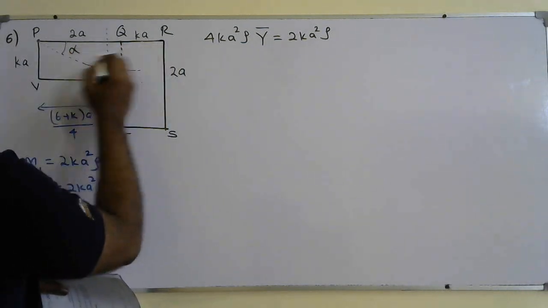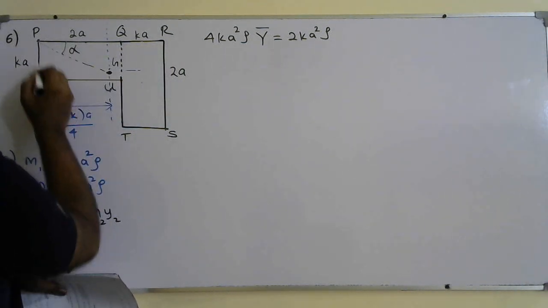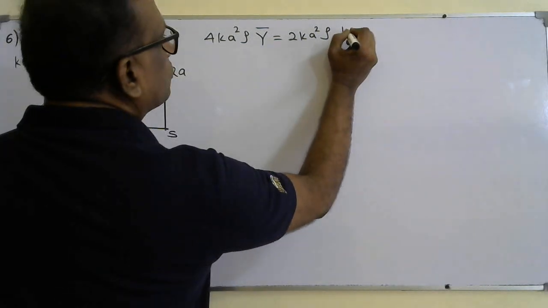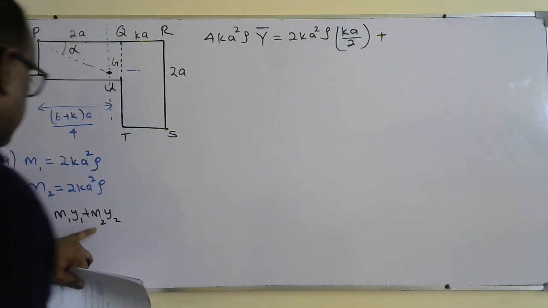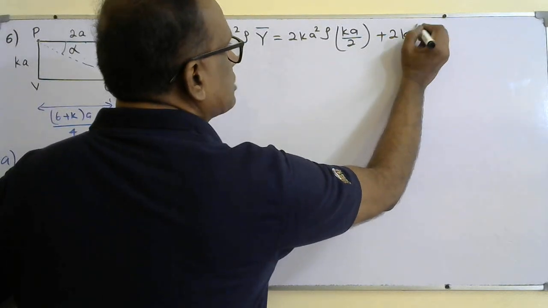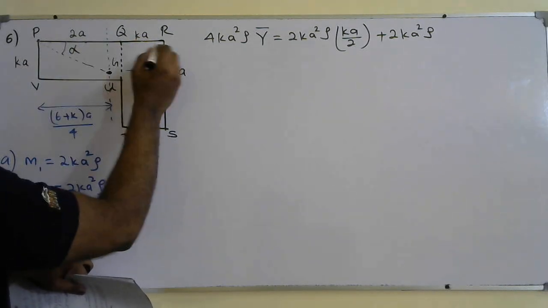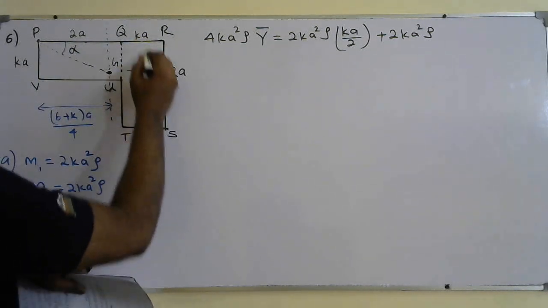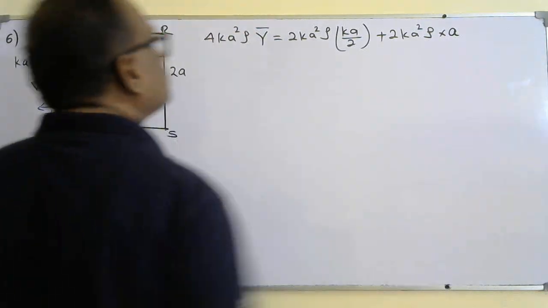We are finding it from PR, so for this rectangle the distance is ka by 2, half. Plus m2, 2ka squared rho, and its center of mass from PR is half of 2a, that is a.